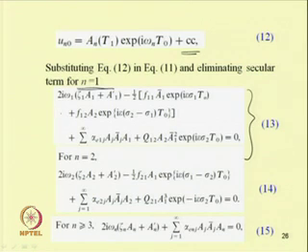In this equation for n equal to 1, this is equal to 2 i omega 1 into zeta 1 a1 plus a1 dash, minus half f11 a1 bar e to the power i epsilon sigma 1 T0, plus f12 a2 e to the power i epsilon sigma 2 minus sigma 1 T0, plus summation over i equal to 1 to infinity, j equal to 1 to infinity.